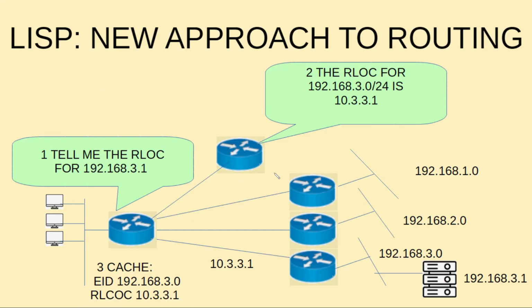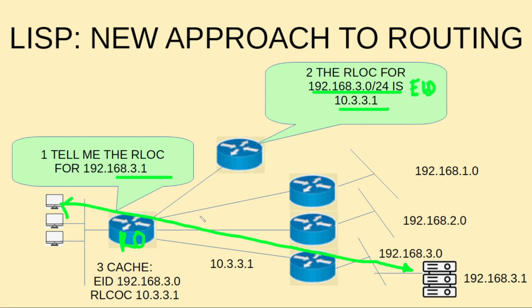So in this example, as this client wants to send traffic to this server, this particular router 0 will ask this central device for the RLOC for this destination. The central device will inform router 0 that the RLOC for this particular destination or EID is this RLOC. So router 0 will store this information in the cache.